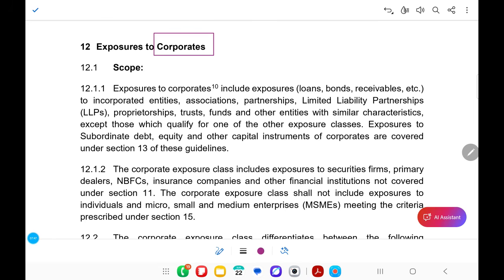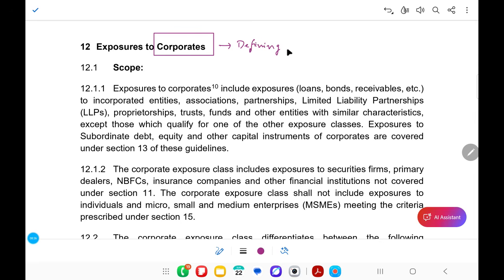The classification of these exposures into distinct exposure classes, which I discussed above also, ensures that capital requirements are calculated in a comparable and risk-sensitive manner. Within this larger framework, exposures to corporates form a distinct asset class, with specific rules for subcategories and risk weighting, which we will see below. So the first task is to define the exposure class which we are calling corporate.